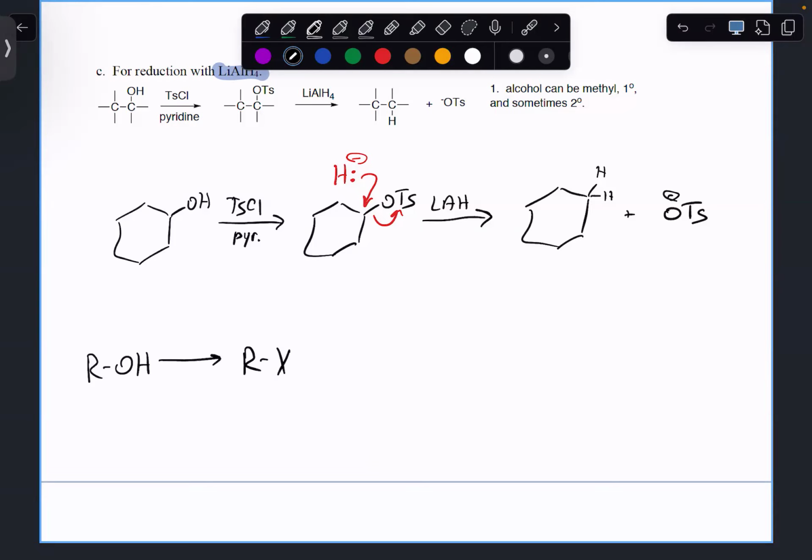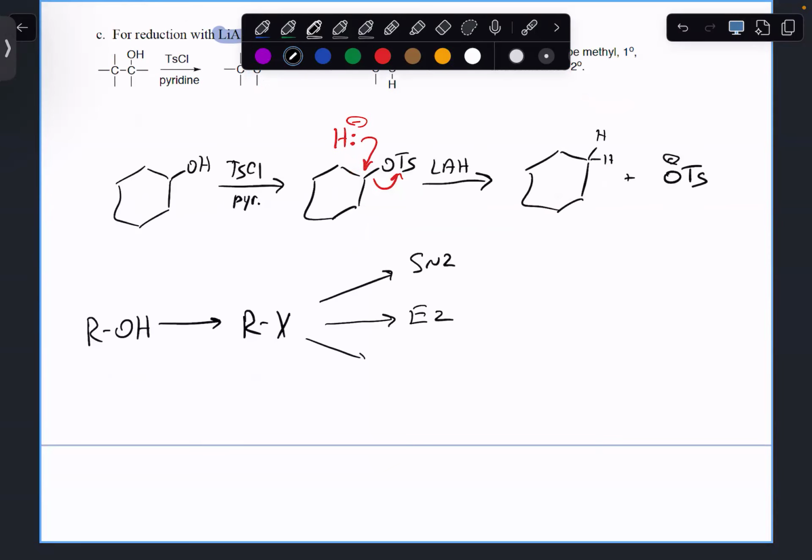Remember, you can take alkyl halides and do SN2 chemistry with them. You can take alkyl halides and do E2 and eliminate. Recently, we've learned you can take alkyl halides and do the all-important Grignard reaction.